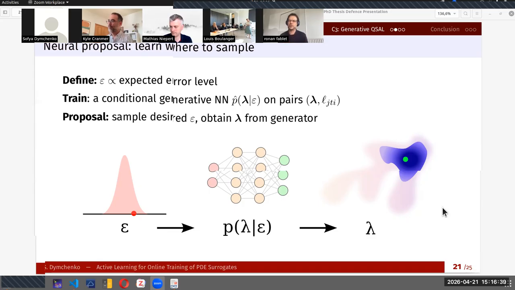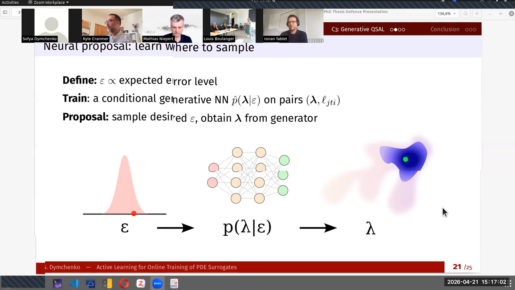So the inputs to your diffusion model could be epsilon and the simulated state, for example, training not on the pairs of parameter and error level, but on the actual state and error level. I think this is possible in a way. No one says no, you can try to do that as well.